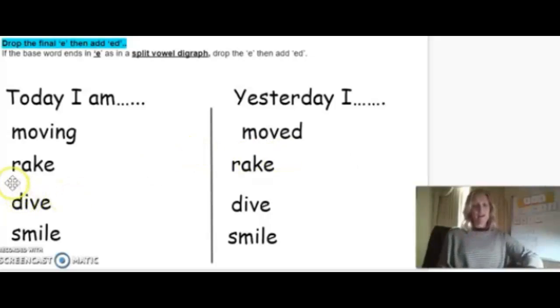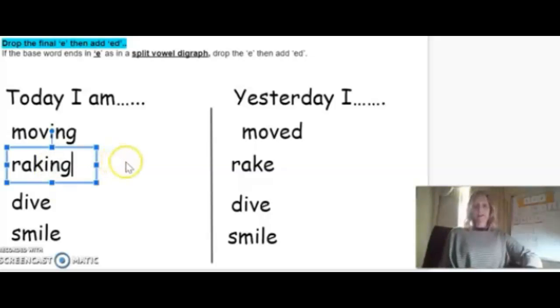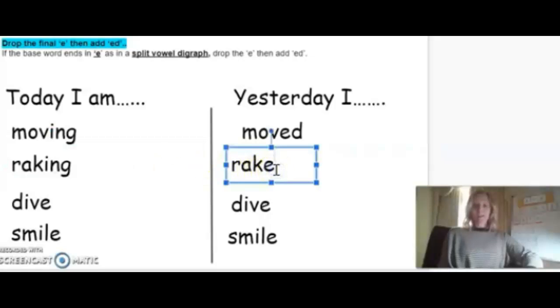We'll do one more together. Are you ready? If the base word is rake, what will the present tense be? Today I am raking. Awesome, everyone. So we need to drop the E, add ing, and that will spell raking. If we want to say yesterday I raked, we drop the E, add ed, and that gives us raked.